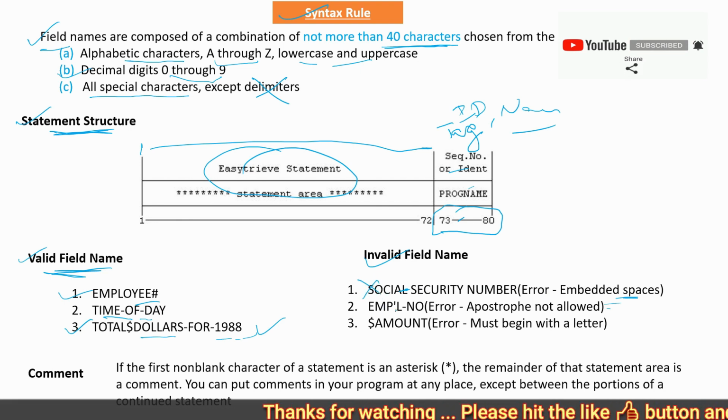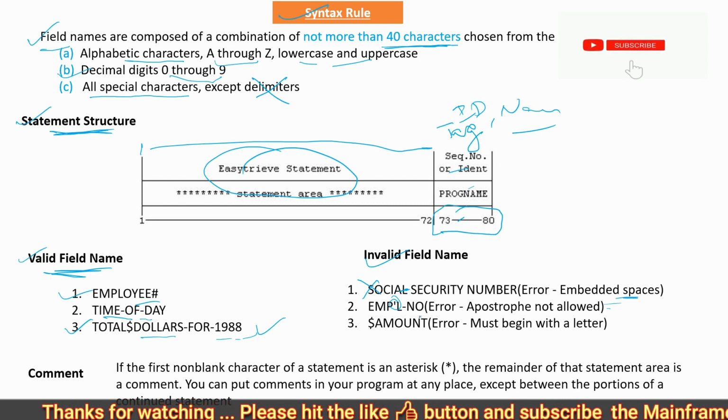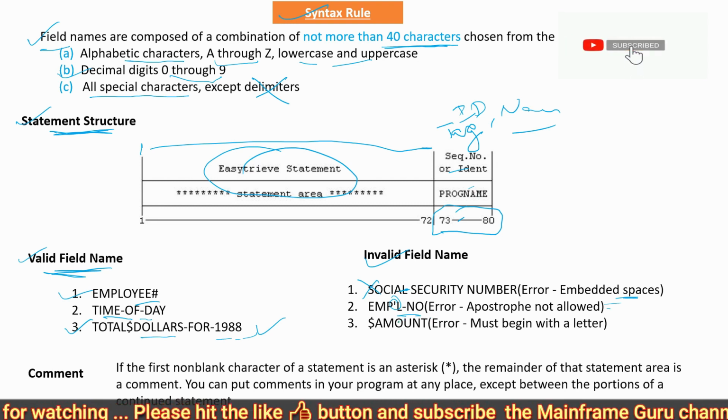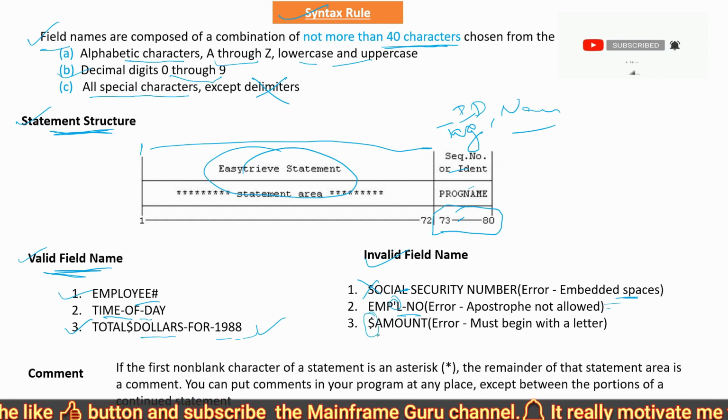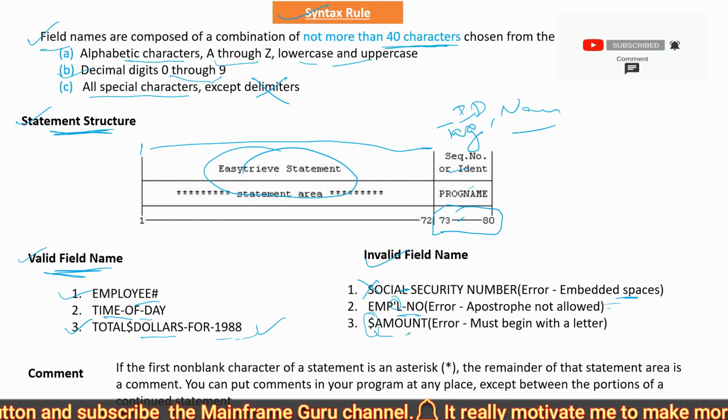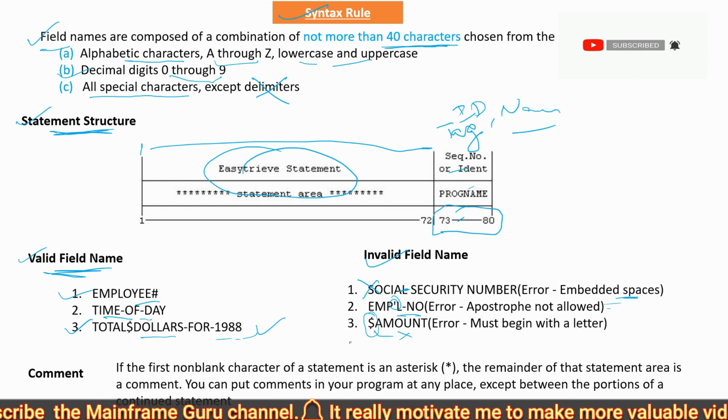And then we have EMPLOYEE apostrophe, which is also not allowed in the variable declaration. And we can't start our variable with a special character, so that is also incorrect.